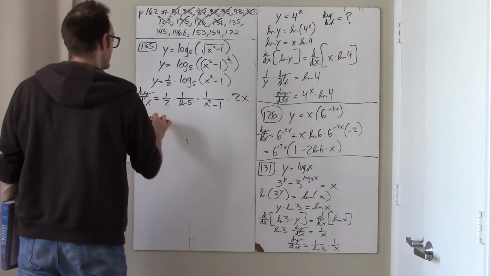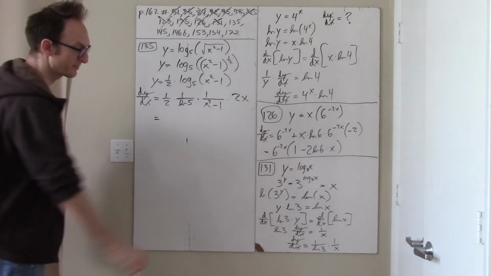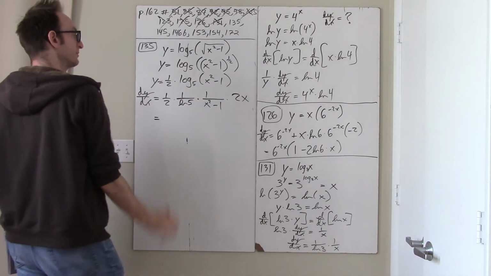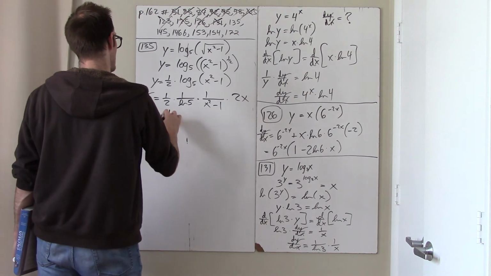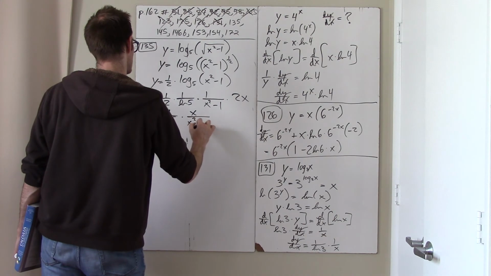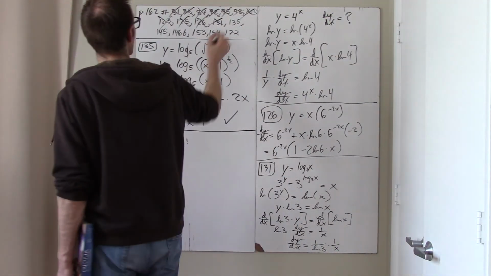So it is helpful to have these things not necessarily memorized, but at least chunked in a way such that you can just apply the rule. The final answer would be 1 over ln 5 times x over x squared minus 1. The 2's cancel.